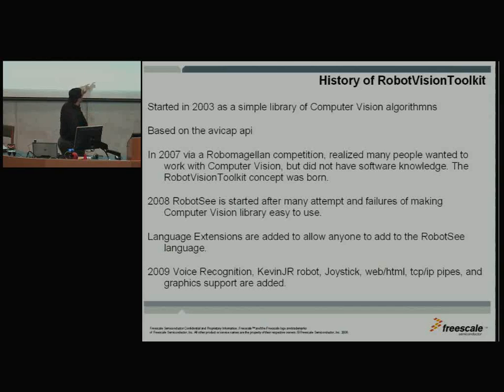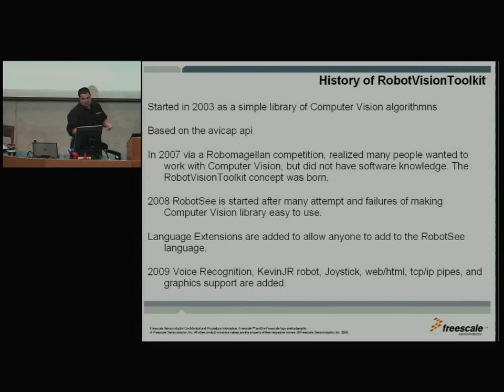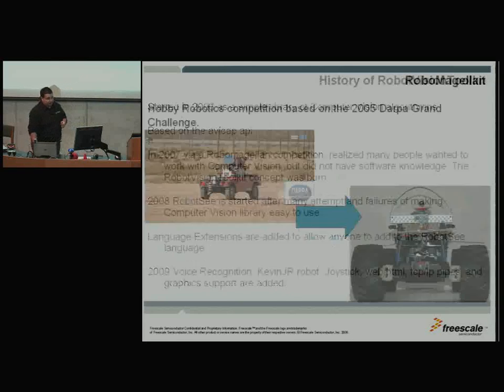Joystick interface, web HTML, TCP/IP interface, all this stuff that you guys are probably used to. You guys can code no problem, but someone who doesn't have the experience would have a real hard time coming up with a TCP/IP interface or a web interface.